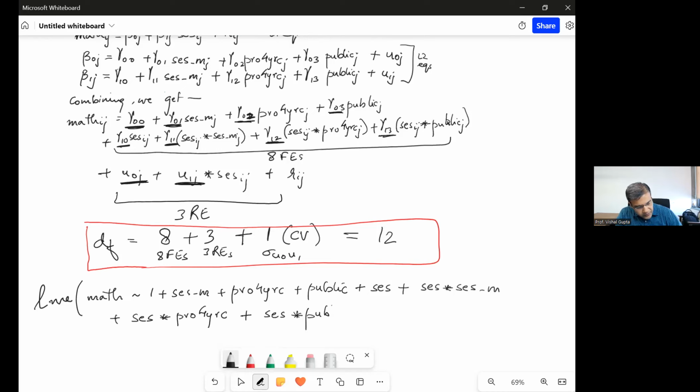Just like we do moderation in regression, where we introduce the interaction term, that is exactly what we have done. We have introduced 3 interaction terms in our regression equation now.